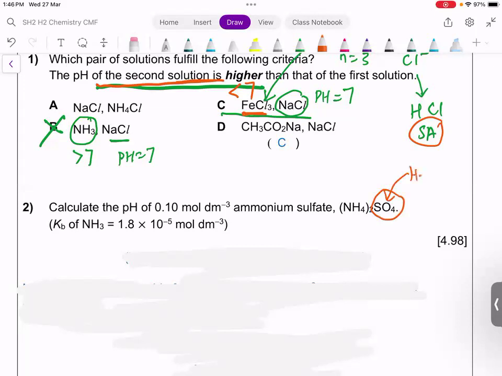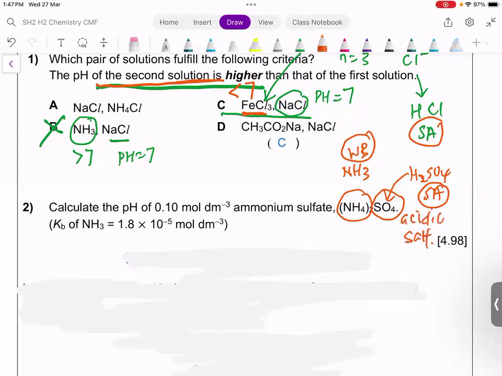Yeah, so H2SO4. It's a strong acid. Then how about this? Where does it come from? Ammonia. So ammonia is a weak base. So if you have a weak base and a strong acid, does it give you a neutral salt? It doesn't. So does it undergo hydrolysis? It does, because it's an acidic salt.